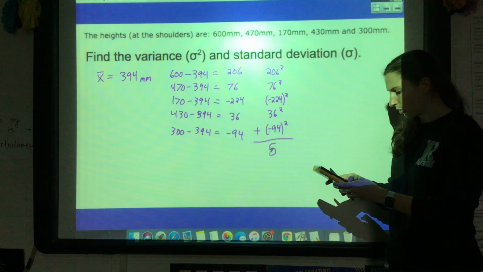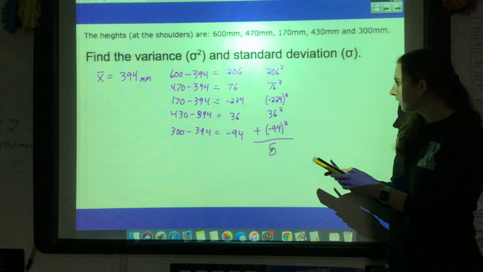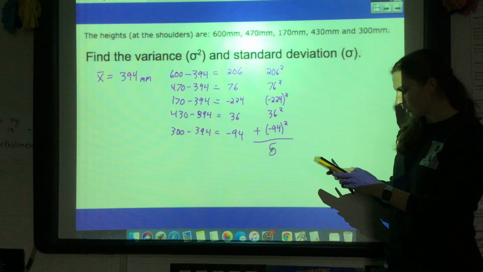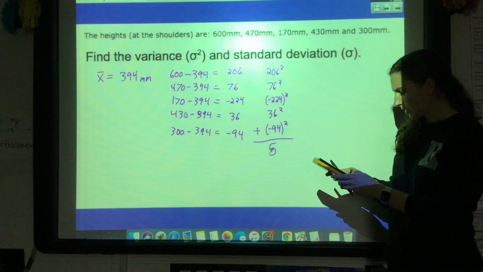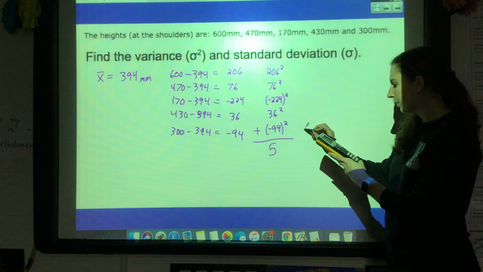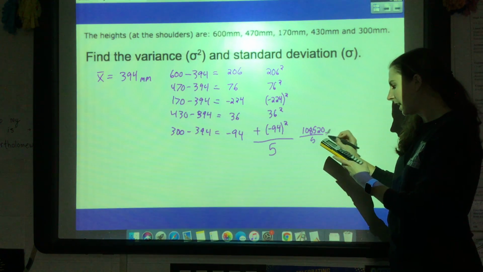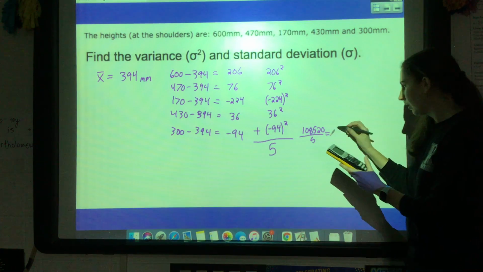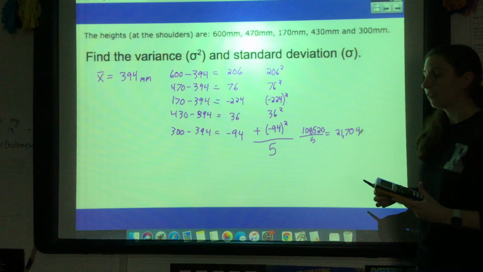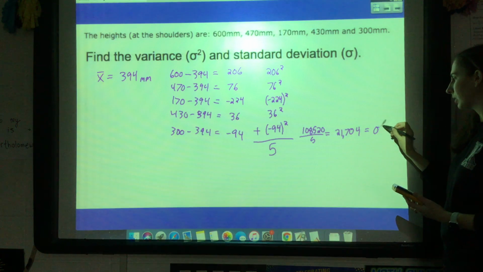So I'm going to do all that at once. 206 squared plus 76 squared plus 224 squared plus 36 squared plus 94 squared gives you 108,520, and then divided by 5, we get 21,704. This right here is the variance, so we'll call that sigma squared.